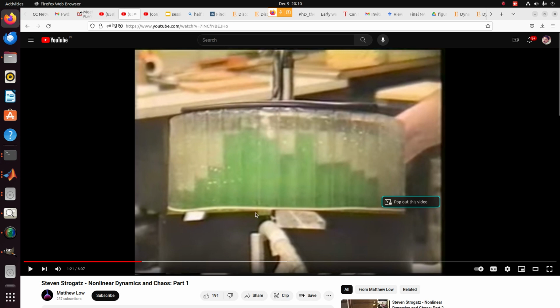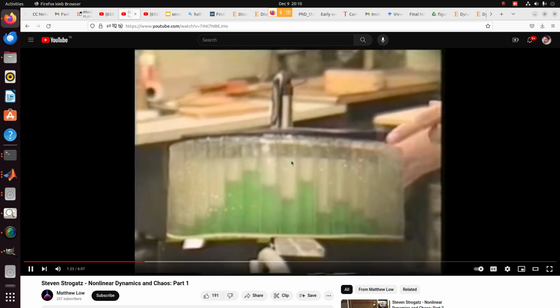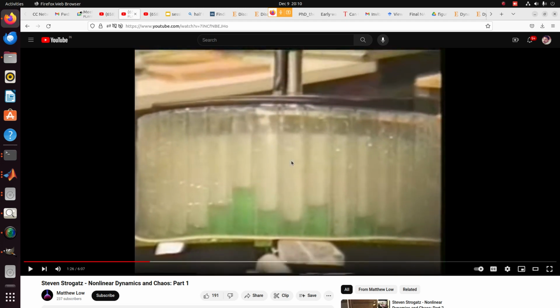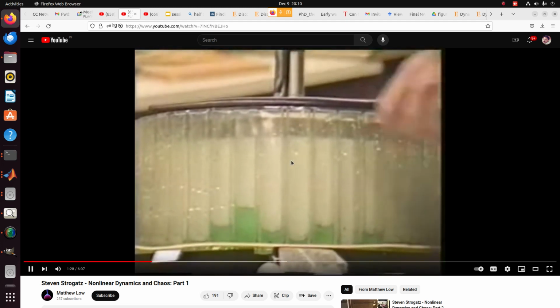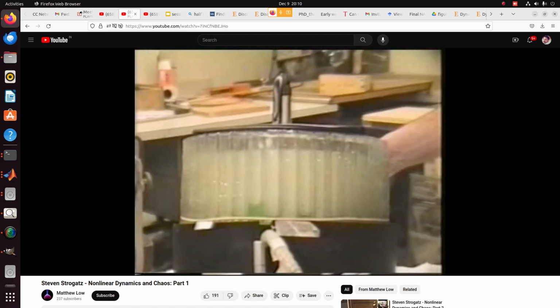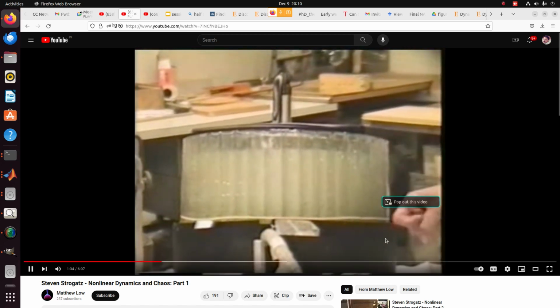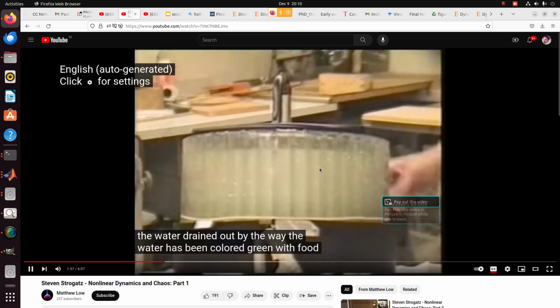Each column has a small hole at the bottom. That's why when it is getting filled, it also goes down, because it has a hole inside it. Each column has holes, and the water drips down from that end. Water drains down.